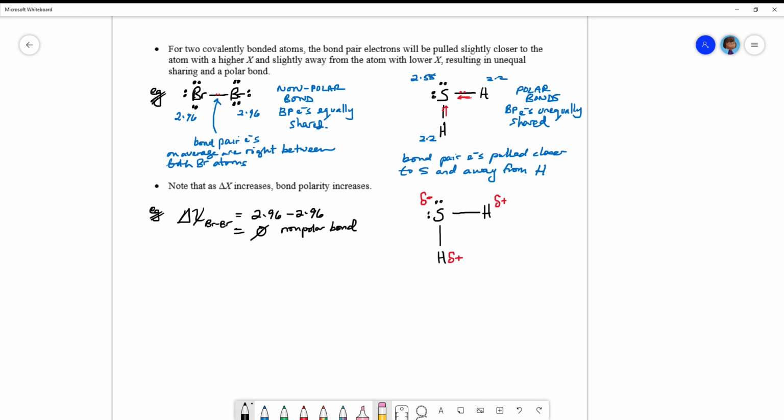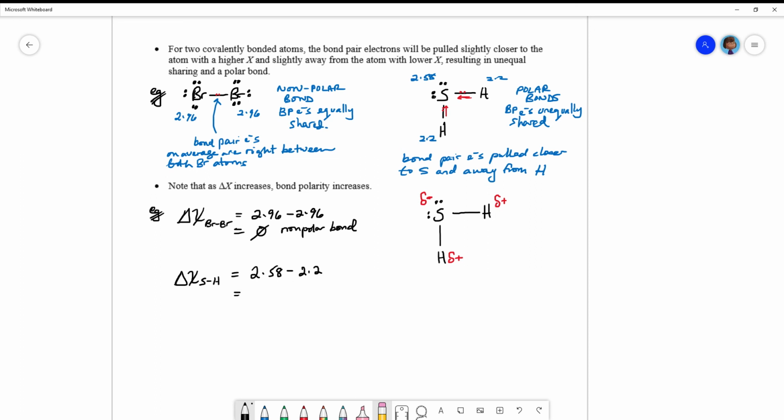In contrast, let's take a look at delta chi for the sulfur-hydrogen bond. Sulfur has an electronegativity value of 2.58. Hydrogen has an electronegativity value of 2.2. And so when we subtract, we're definitely getting a non-zero value.